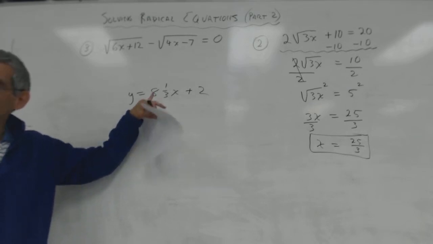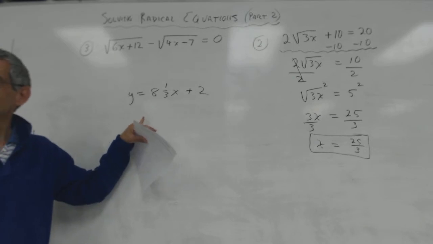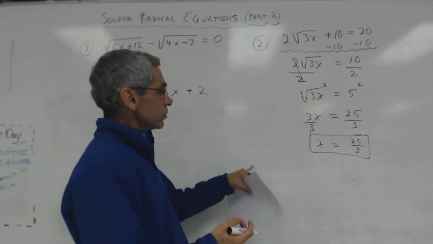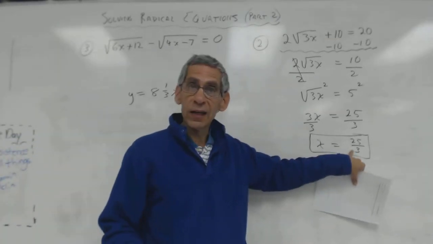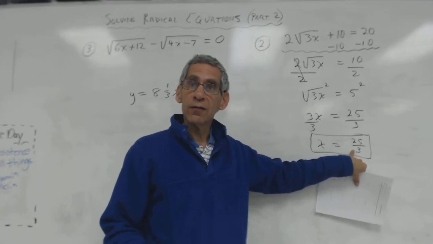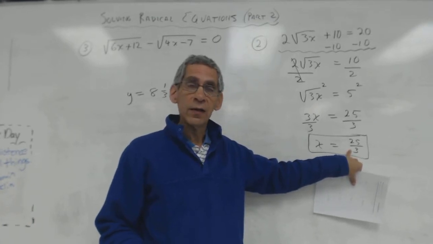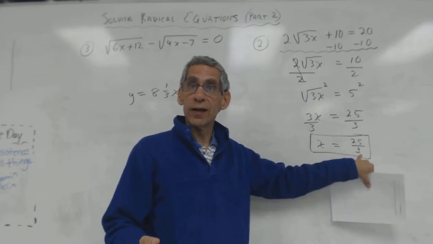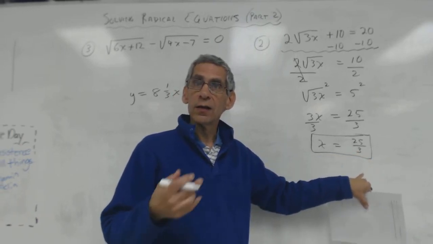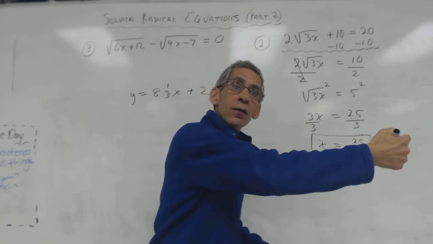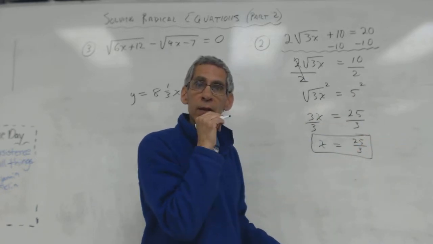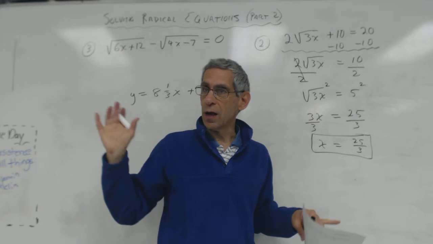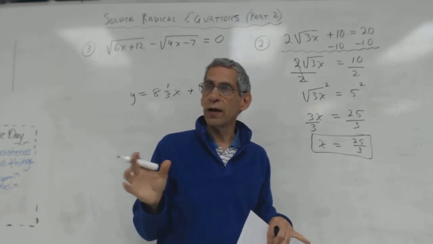Then other times, if I'm trying to find that number on a graph, it would be hard for me to find 25 over 3. It'd be easier to find 8 and 1/3, because I go over 8 and 1/3 more, right? So it depends on the situation. There's no right or wrong.